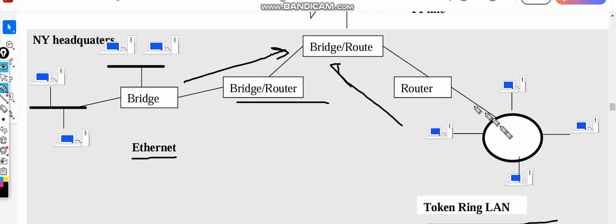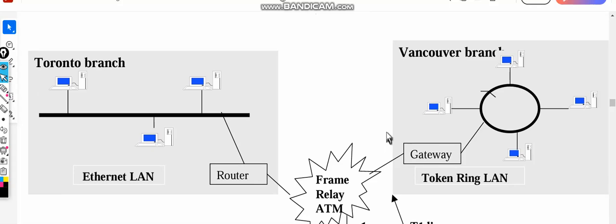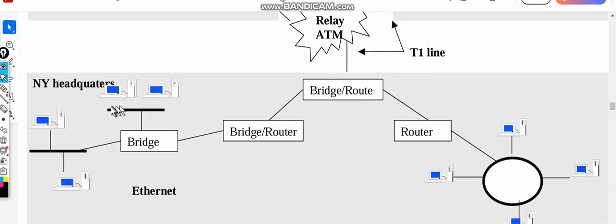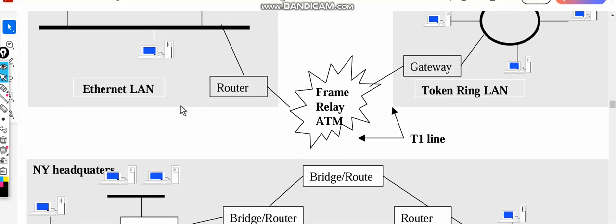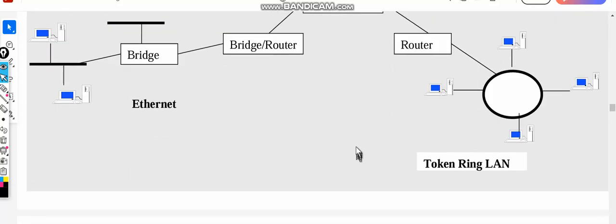Again, the token ring LAN is connected to the frame relay ATM via a router. The Toronto branch, Vancouver branch, and New York headquarters are all connected to the frame relay using routers, gateways, and B routers.